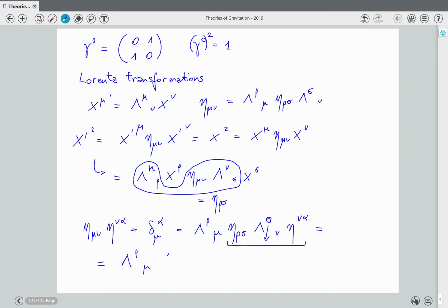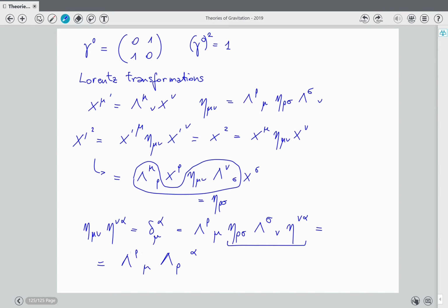This index is lowered and it becomes rho, and that other index nu is raised, so becomes alpha. So it's the inverse, so-called. Yes, the inverse, because the product is 1, a matrix with indices like that. And observe that the contraction is in the first two, so there is a transpose as well.